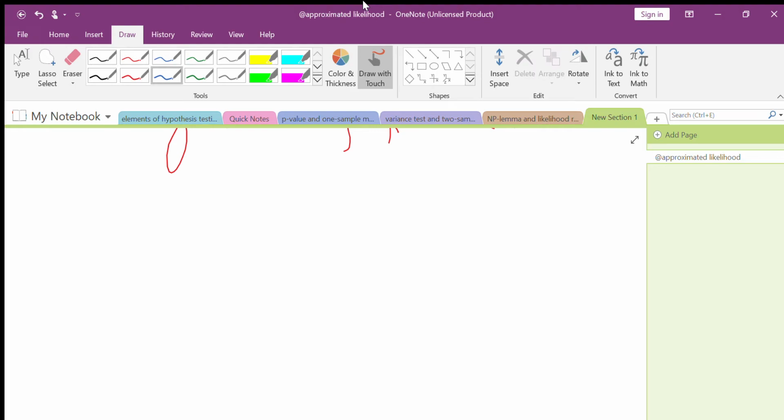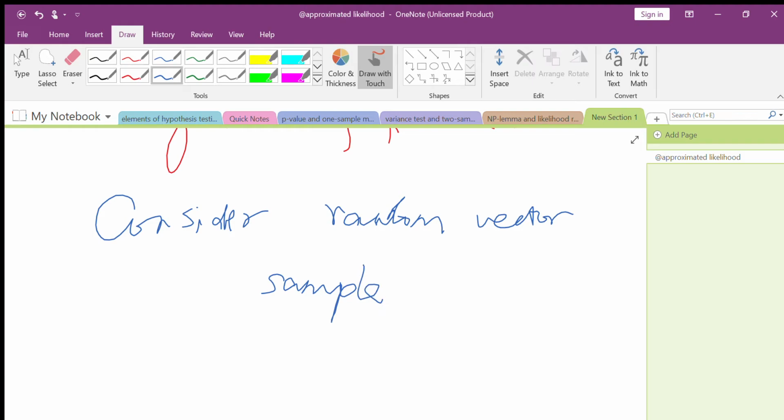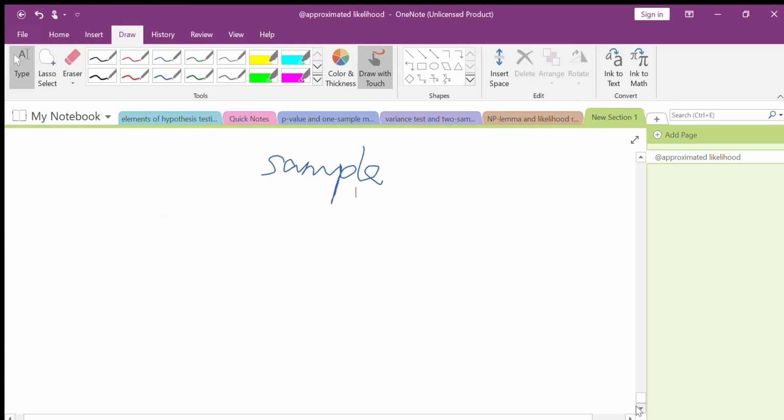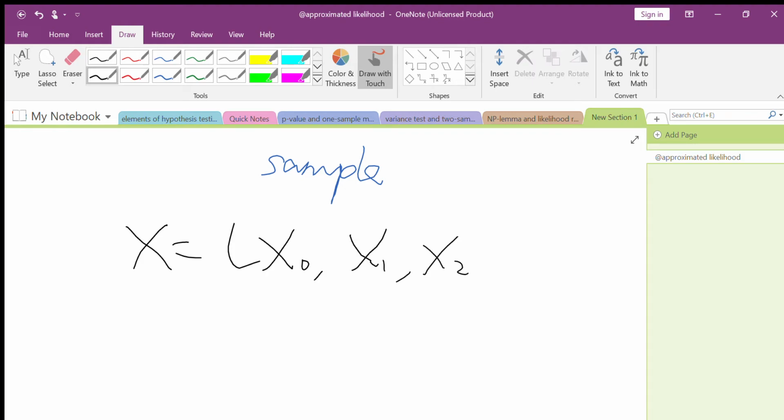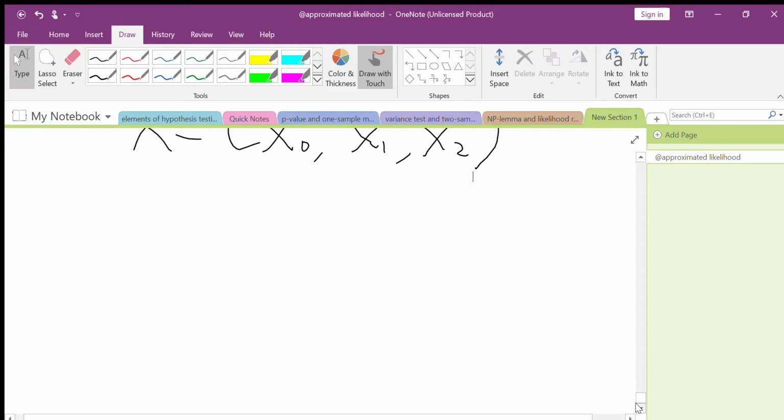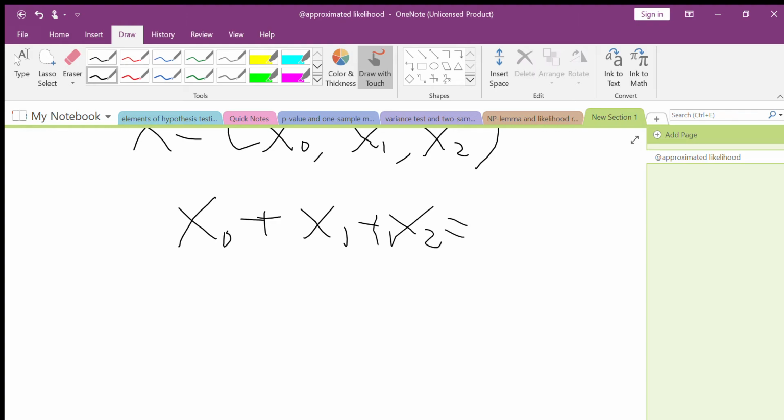Let's consider a random vector sample X equals X0, X1, X2, and we need X0 plus X1 plus X2 equals small n, the first constraint.